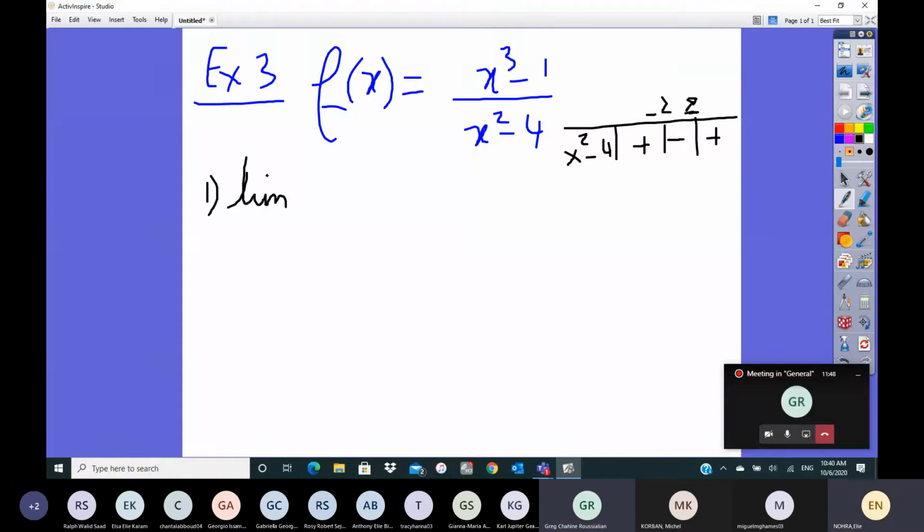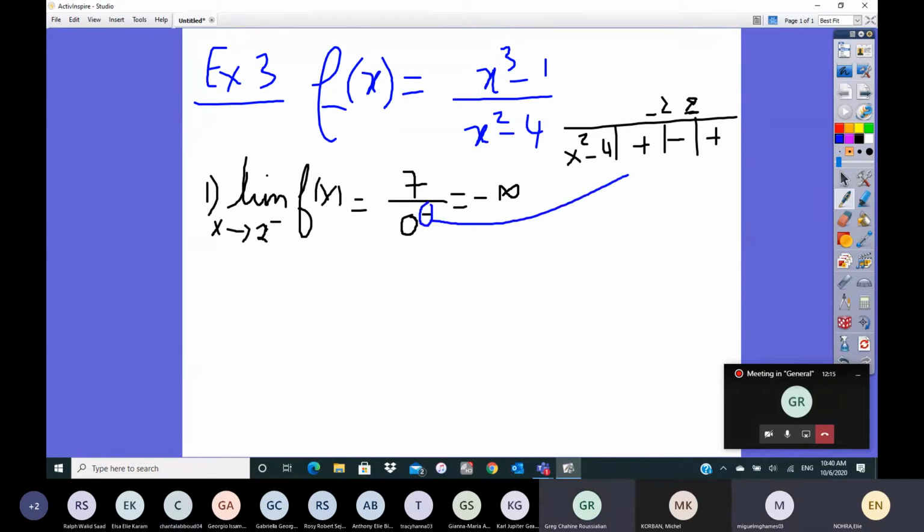Limit of f of x when x tends to 2 minus is simply 7 over 0 minus, which is minus infinity. And we got the 0 minus. This minus came from this minus here.